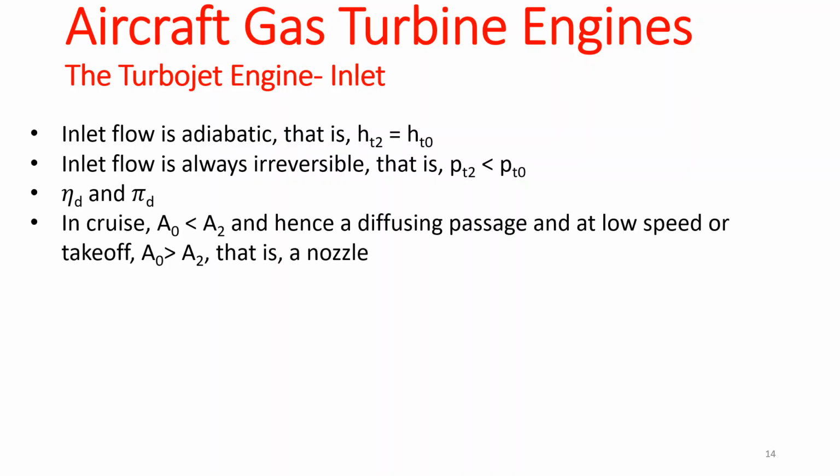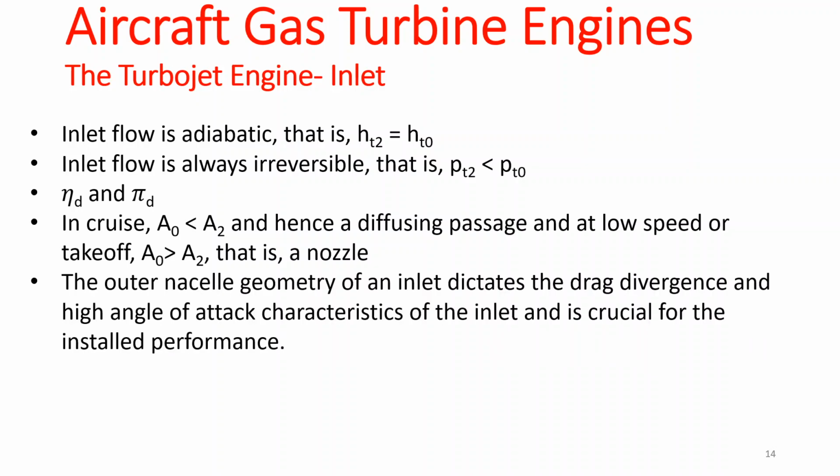In the cruise conditions, your A naught, the stream tube area, is smaller than the diffuser outlet, or the inlet outlet area. But in a low speed or takeoff condition, you have the reverse condition, so your inlet is going to act like a nozzle instead of a diffuser.